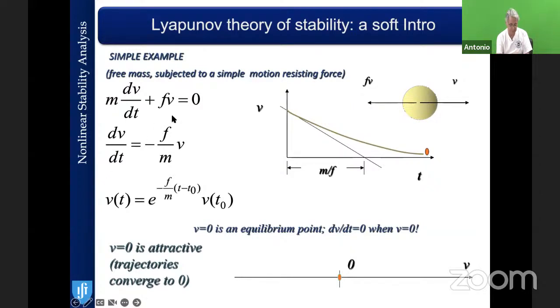So if you make v equal to zero, nothing moves. That's an equilibrium point. So that's the point at which the derivative is zero. And what you have shown here is that the trajectories converge to the equilibrium point. So the solution v equal to zero is what we call attractive.